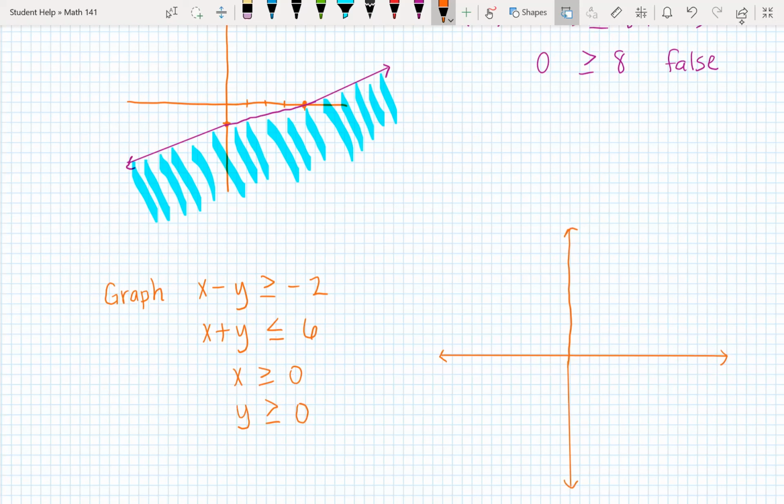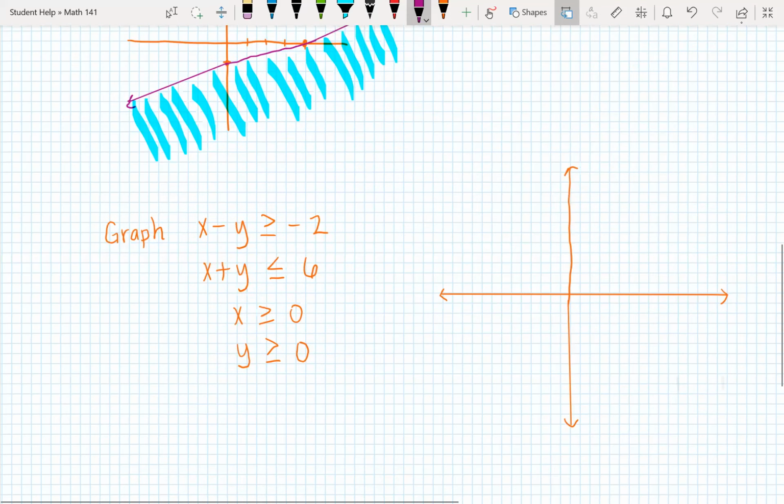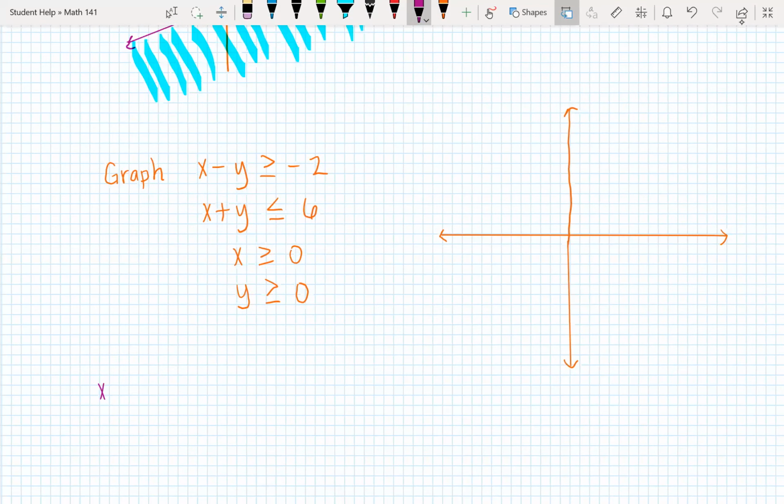So the first thing I'll do is graph x minus y equals -2. The x and y intercepts for this, let's move down, x minus y equals -2. I'm going to have 0, 2, and then -2, 0, right?